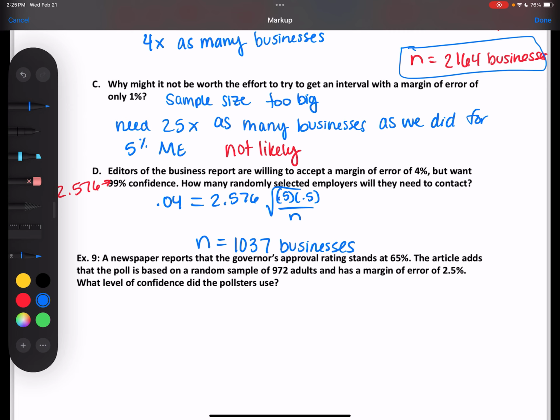So the margin of error 0.025 equals Z-star times the square root of 0.65 times 0.35 over 972. Solve for Z-star.